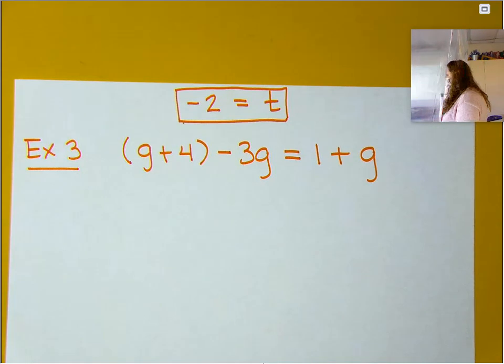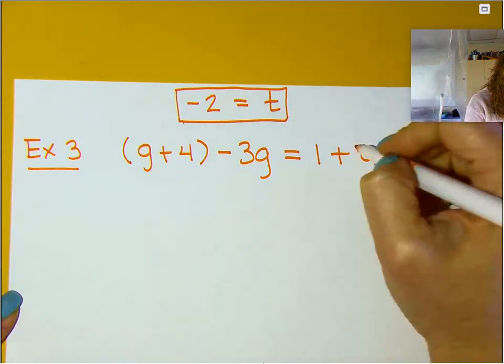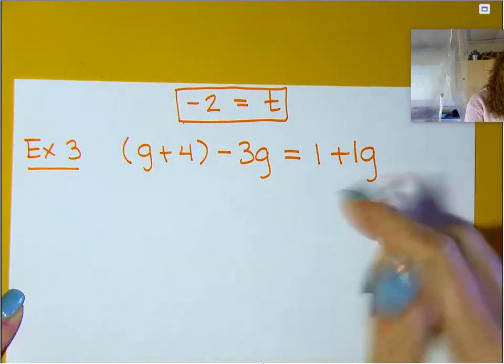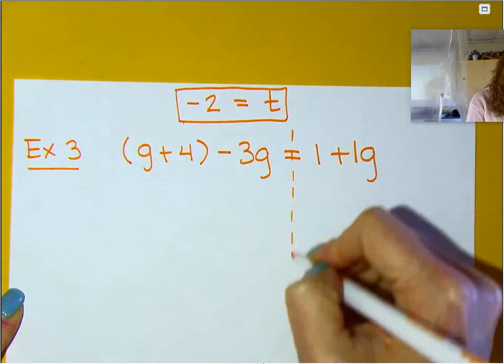Now I'm going to do a few things here to make life easier. First of all, G by itself, I'm going to make it into a 1G. Okay, I think that helps. I'm also going to put my dotted line through my equal sign.